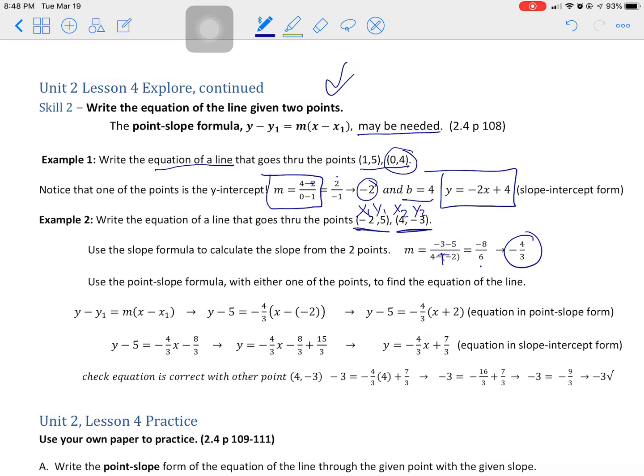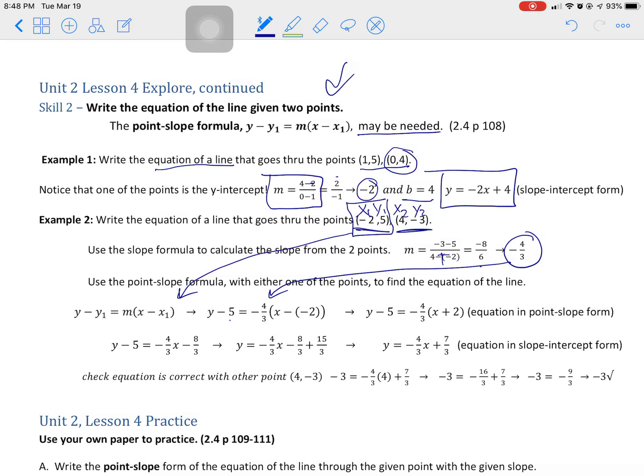formula. Okay, but what I'm going to do now is just take point 1 and put it in the point slope formula with the slope that I just made. Okay, so y minus 5, that's y1, equals negative 4/3, that's the slope I figured out, times x minus negative 2, which is my x1.